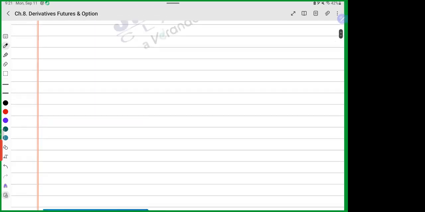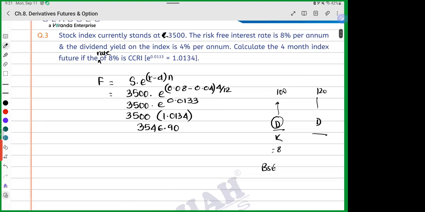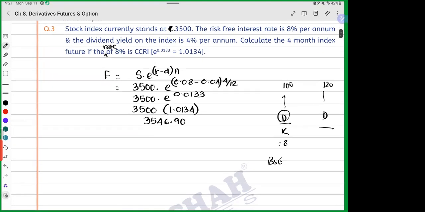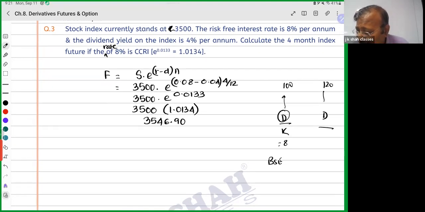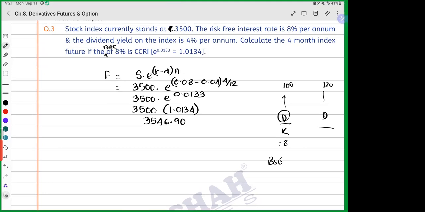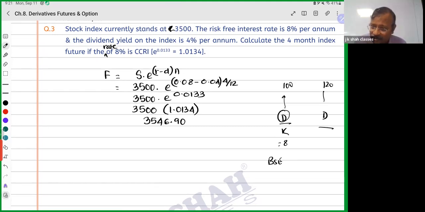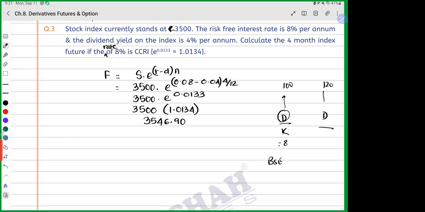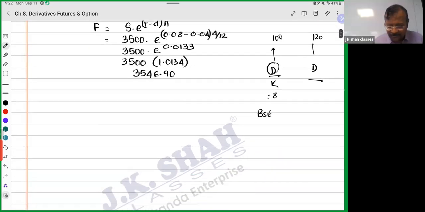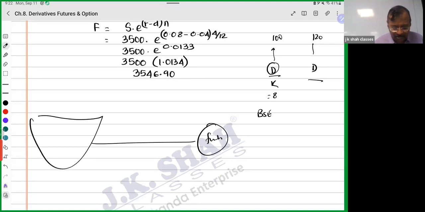Sir, I could not get the index futures about dividend because we are not receiving the dividend. But still, while we are calculating the future price of index, do you need to adjust the dividend? Yes, you would need to, because finally, what is index futures? It is a representative of 50 stocks.